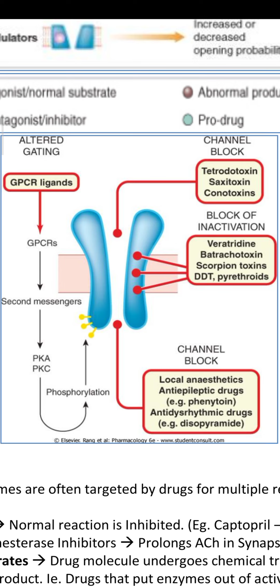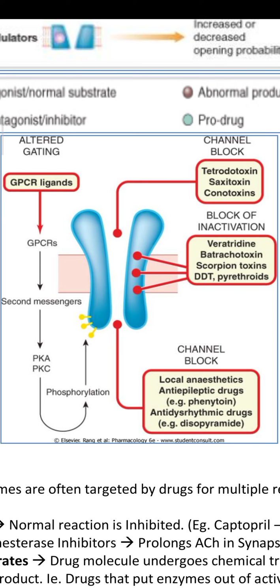The altered gating second messengers are PKA, PKC, phosphorylation. The channel blocks are local anesthetics and anti-epileptic drugs, by ion channel blocking.